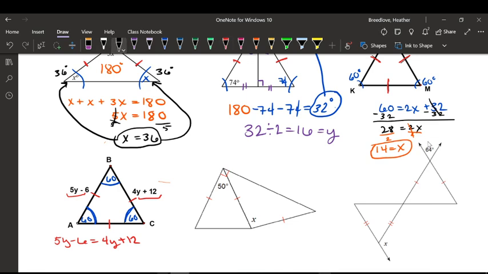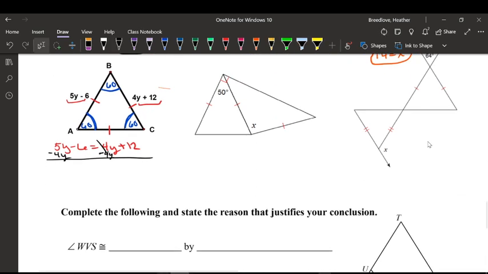So I get the y's together, subtract 4y. Okay, so y minus 6 equals 12. If I add 6, then y equals 18.